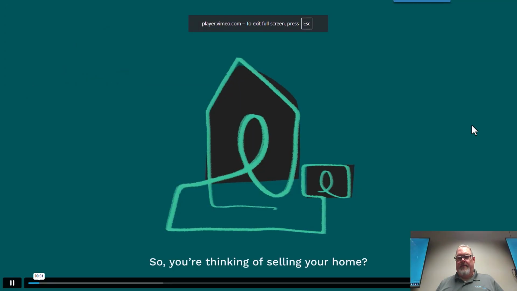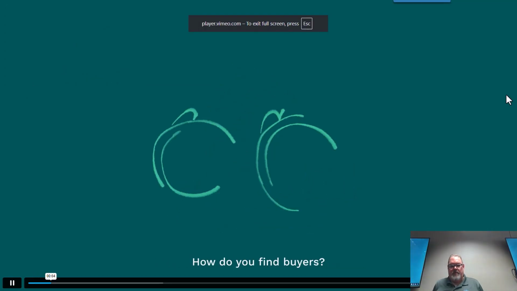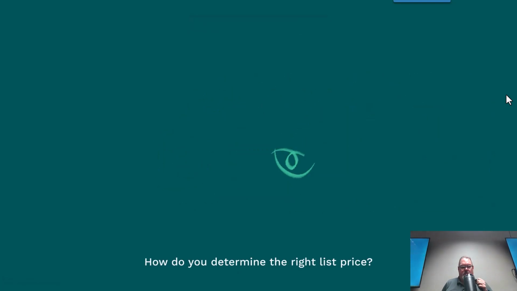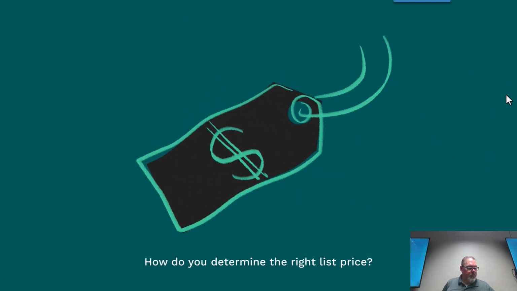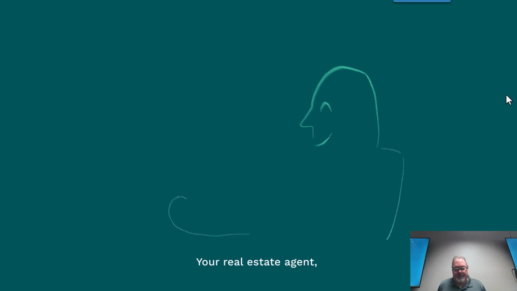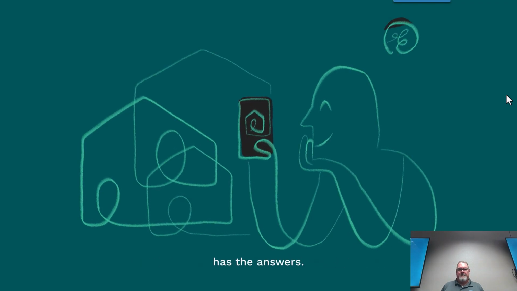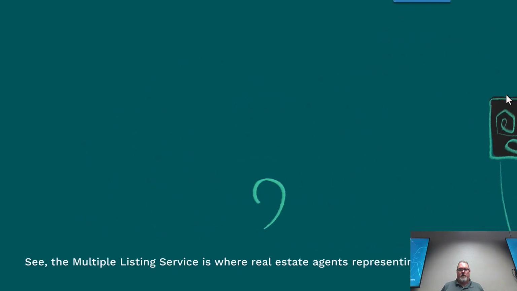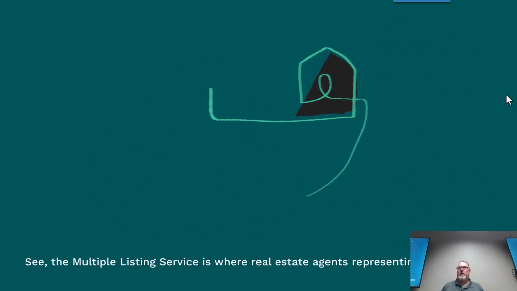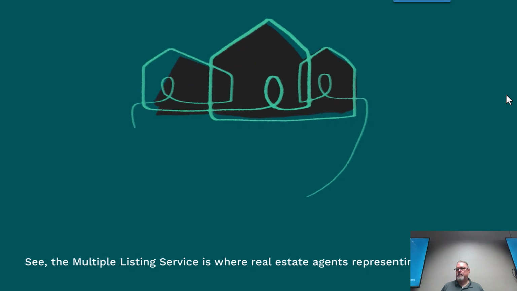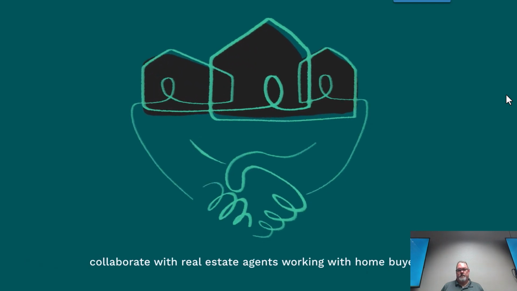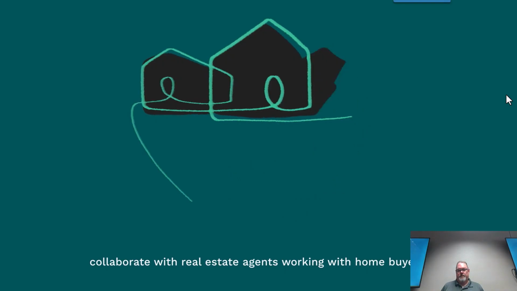So, you're thinking of selling your home? How do you find buyers? How do you determine the right list price? Your real estate agent, using their membership in the Multiple Listing Service, has the answers. See, the Multiple Listing Service is where real estate agents representing home sellers collaborate with real estate agents working with home buyers.